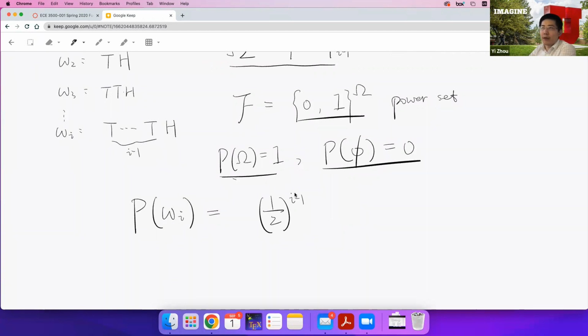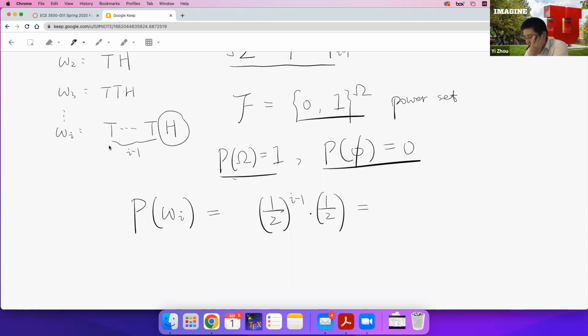I think what you just said covers the first I-1 trials, but what about the last one? In the last trial, you still have 1/2 probability to get a head. So you need to add another 1/2, to the I.